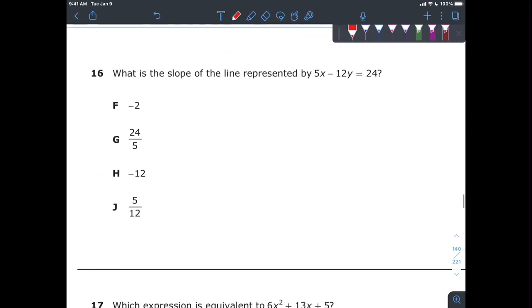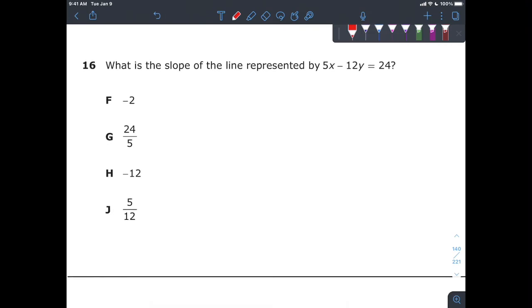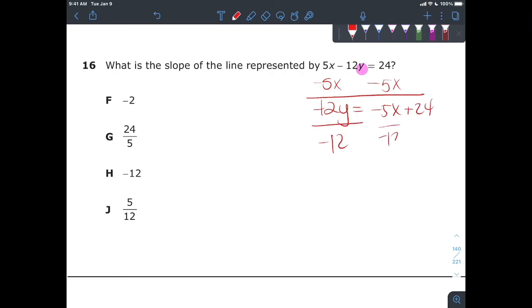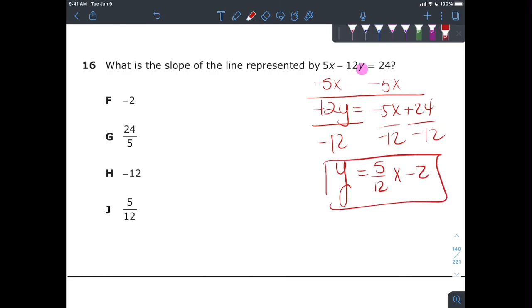Number 16. What is the slope of the line represented by this standard form equation? I'm going to go ahead and attempt to get this y by itself. I'm going to move my 5x over, and I'll divide by my coefficient. Exciting move, great divide. And I see here that my slope is 5 over 12.